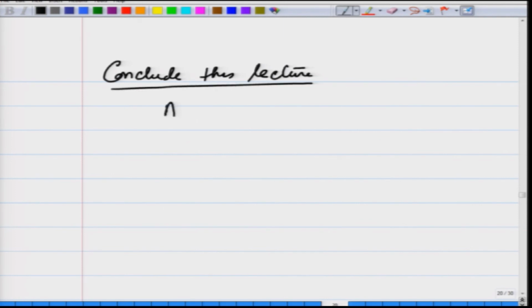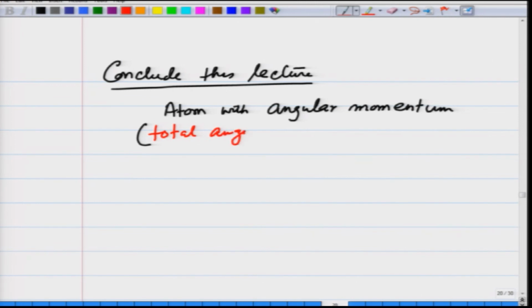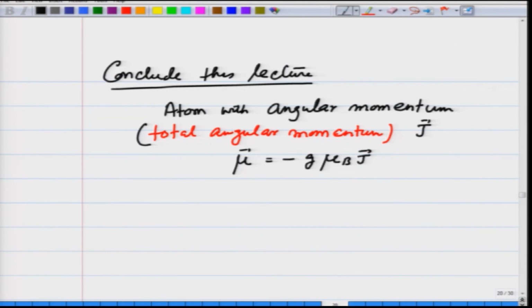what we have found is that an atom with angular momentum, and when I say angular momentum, I mean the total angular momentum J, has magnetic moment mu equals minus g mu B J, and when I apply a magnetic field, these levels due to different z component of J split and populate differently, and that leads to a paramagnetic susceptibility chi m equals some C over T, which is known as Curie's law.